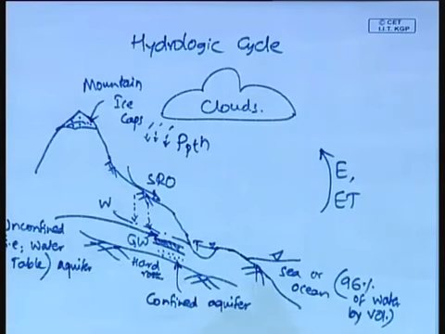So like this, and as I was mentioning, this sea or ocean water represents say 96% of the water by volume. The remaining nearly 3 to 4% is the fresh water.